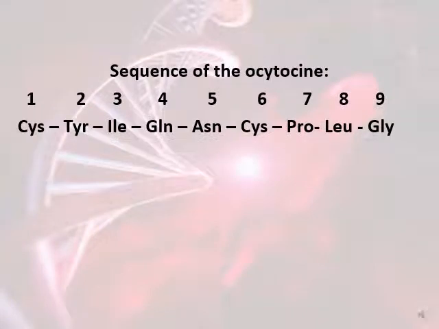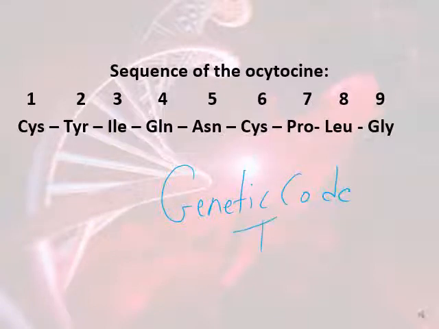So the sequence of the oxytocin will be UGC, UAC, as we determined their sequence. They will code according to the genetic code table. Okay? So we find them: cysteine, tyrosine, isoleucine, glutamine, asparagine, cysteine, proline, leucine, and glycine.